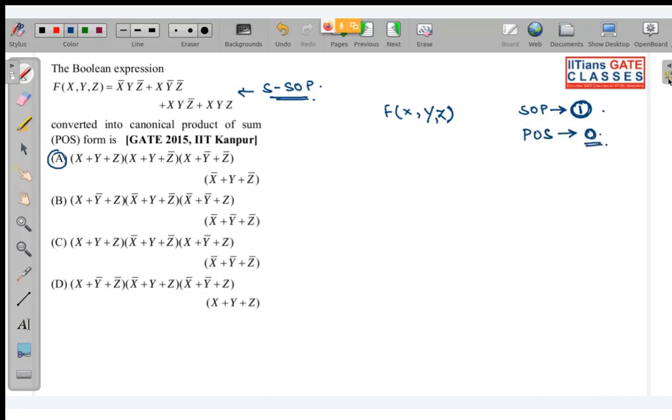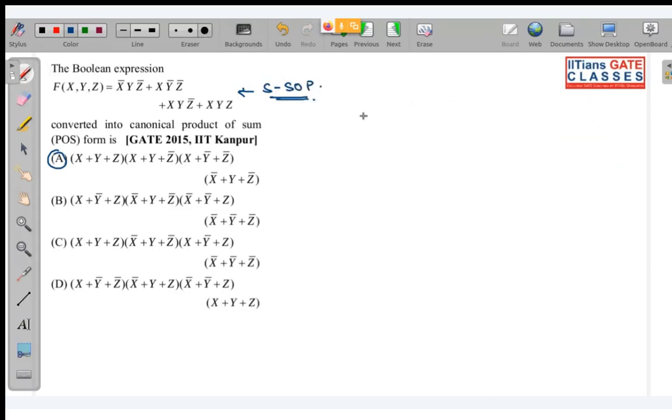We will discuss why it is like this in K-map, but at the moment I am telling you that for SOP the importance is on 1 and for POS it is on 0. So either for converting SOP to POS you take the whole complement, or you can do one thing. I want to discuss this method now.